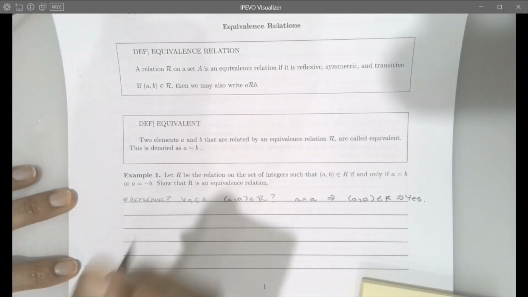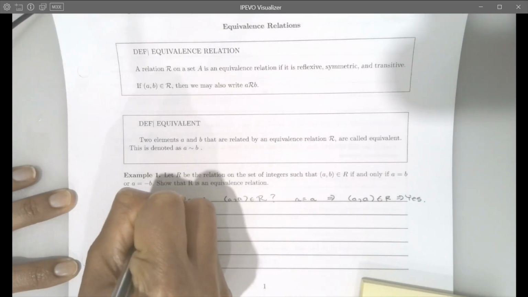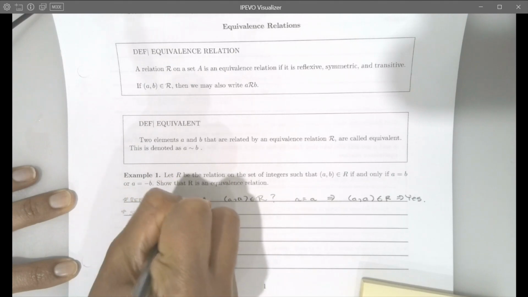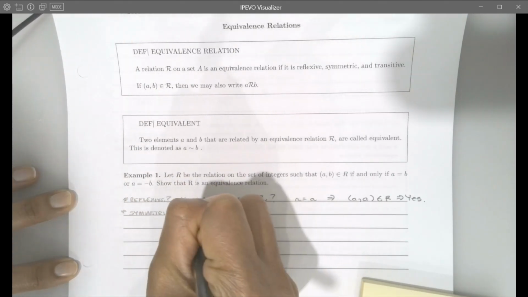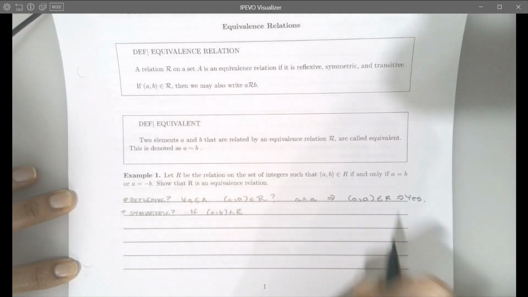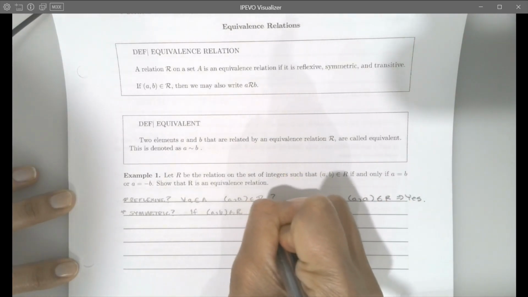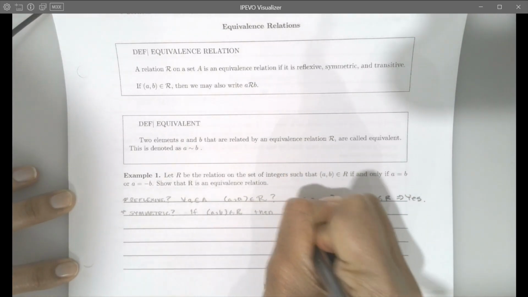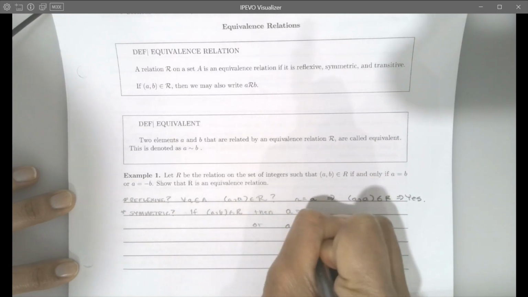Now, is the relation symmetric? Well, let's see. What happens if (a, b) is in R? We have two possibilities: either a is equal to b or a is equal to negative b.